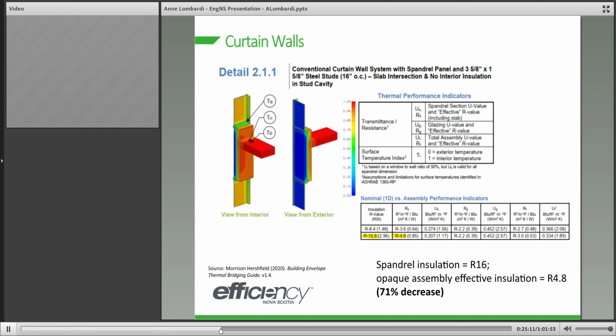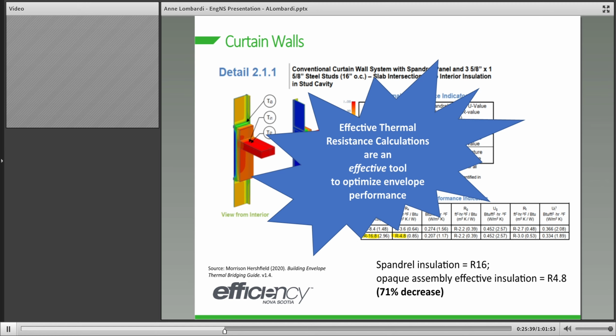So it's like a 71% decrease from your back pan insulation at R16 to your opaque assembly effective insulation. The number that you're using to check your compliance with the code is the R4.8, compared to the requirement for R23, right? So that definitely fails. I mean, R16 fails too, but you can see the pattern there, right?